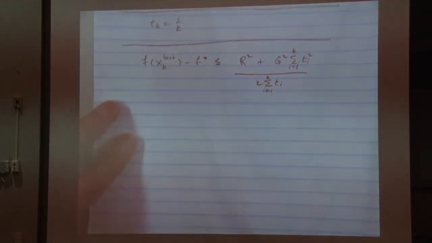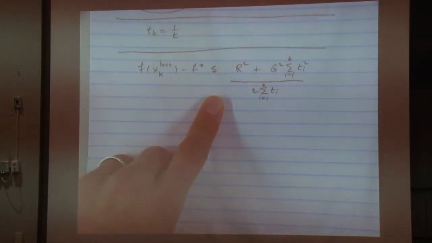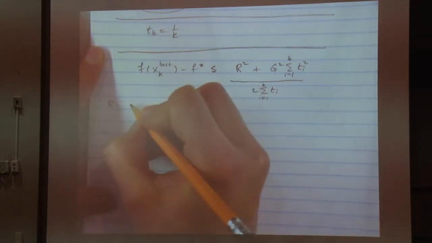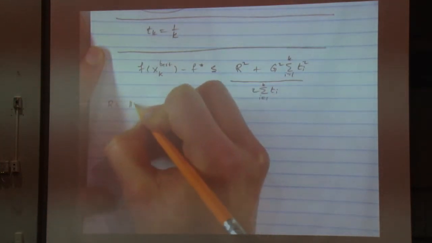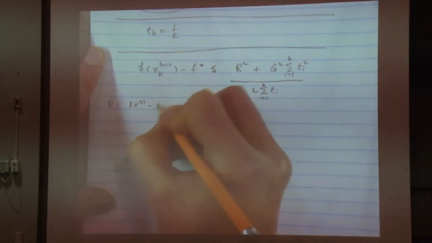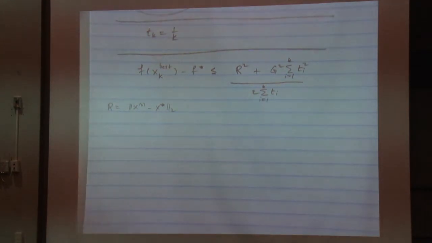So this was a bound that we established through that method of proof that I'm skipping. This is called the basic inequality for the subgradient method. R, by the way, is the distance between our initial point, say x0, and a solution.